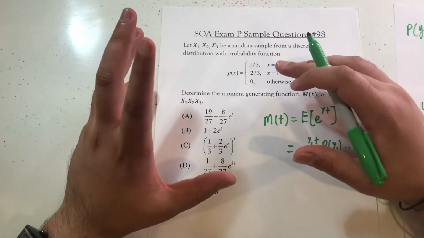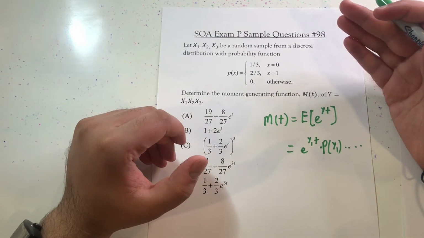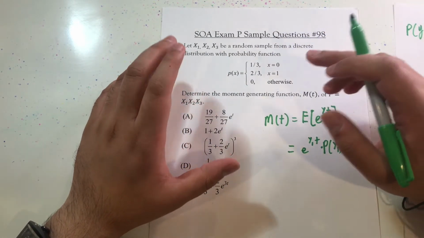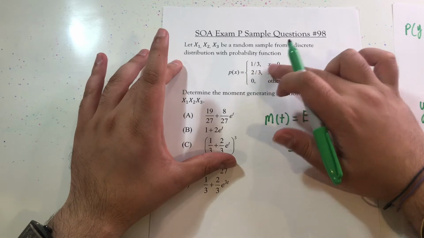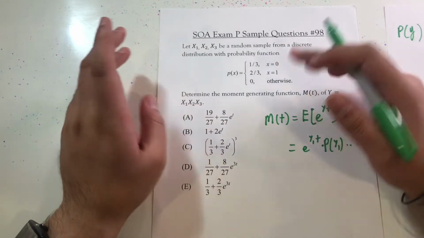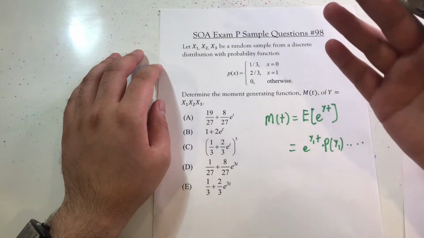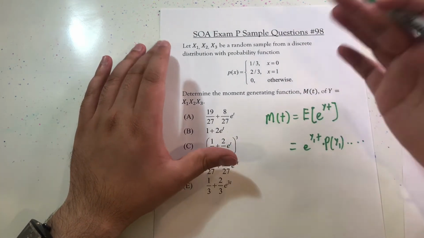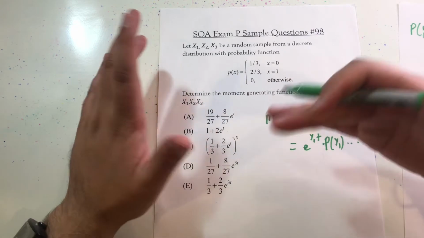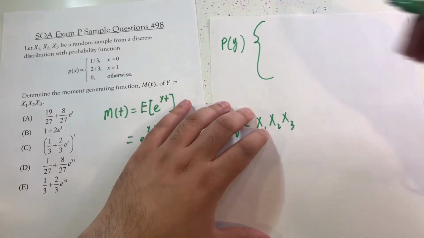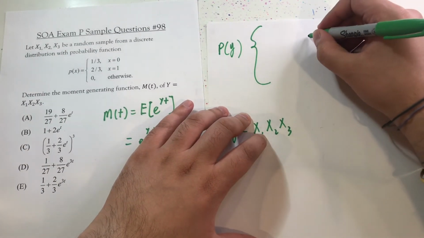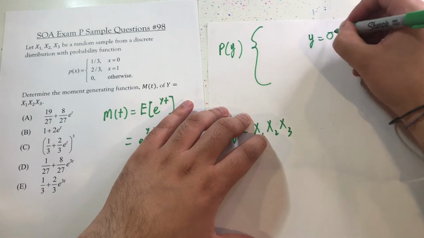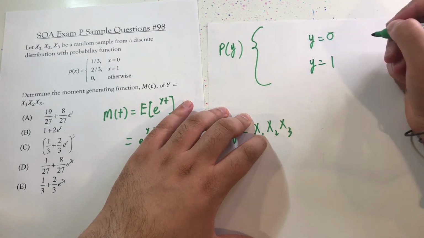So Y can either take on 0, because if any one of these numbers ends up being 0, Y is going to be 0 since Y is the product of all three. If all of them are 1, then Y will take on 1. There's no other option for Y. So our possibilities are Y equaling 0 and Y equaling 1.